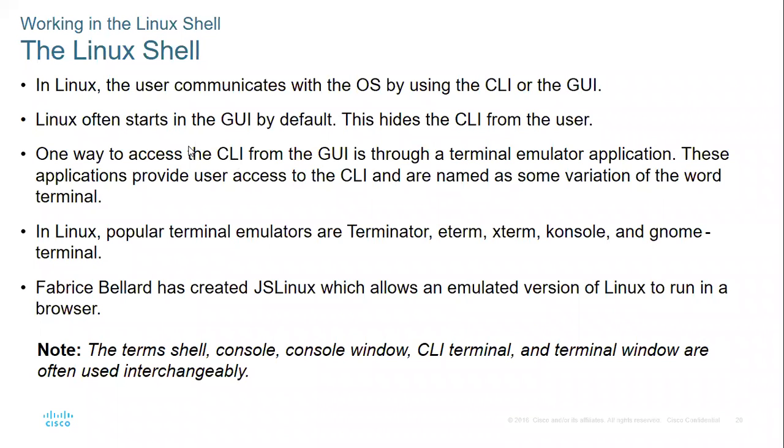Of course, Linux most of the time starts with the GUI by default, but in the end, you can access the CLI. And in Linux, we have a number of terminal emulators, which are called by different names: Terminator, eTerm, Xterm, Console, Gnome Terminal, and so on.